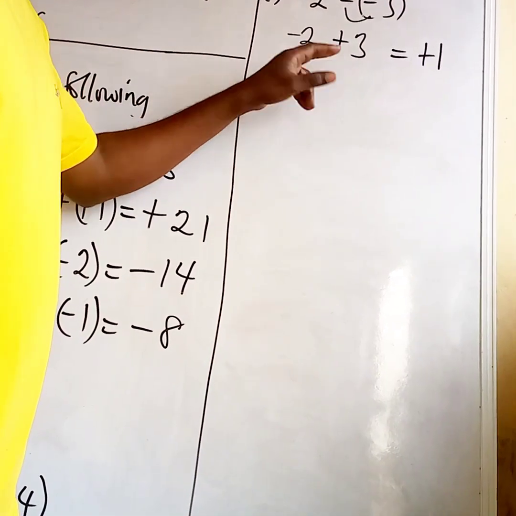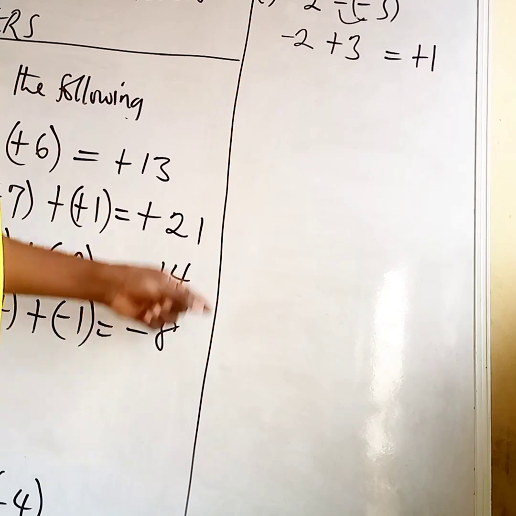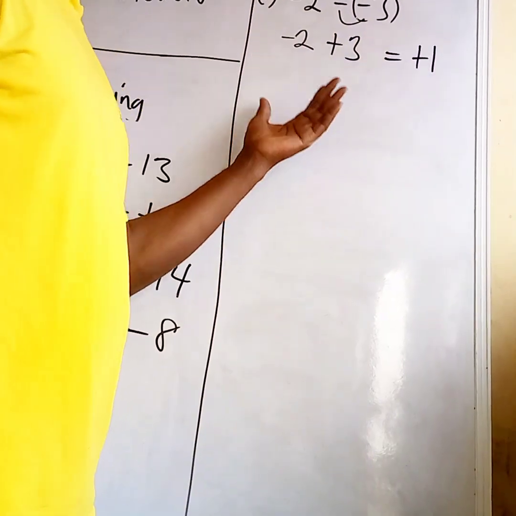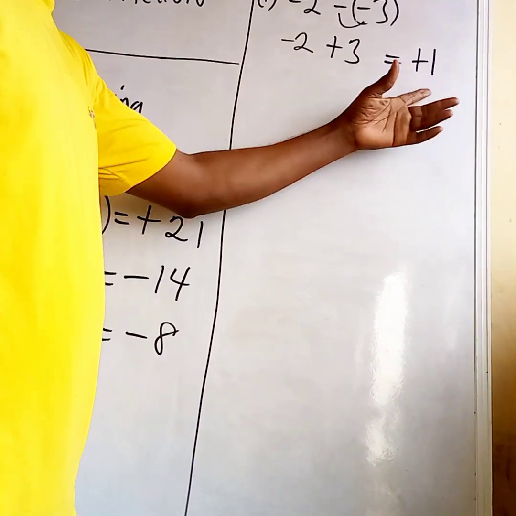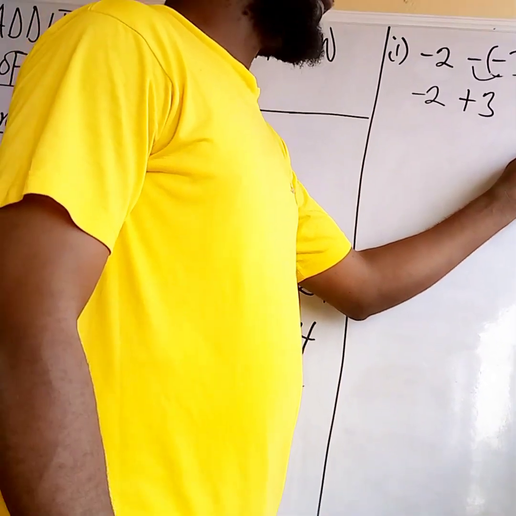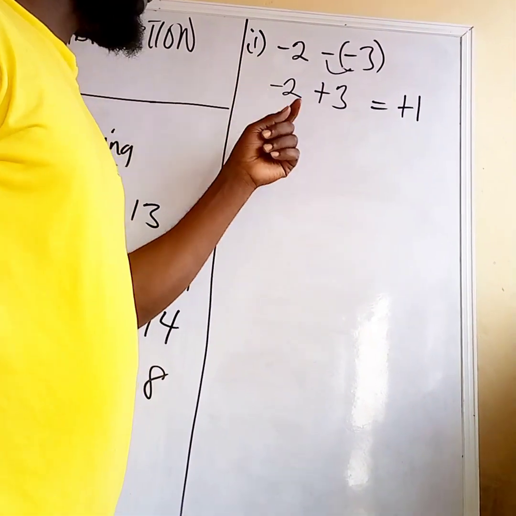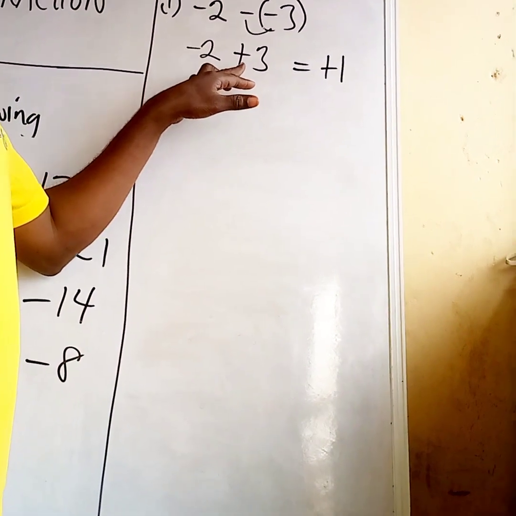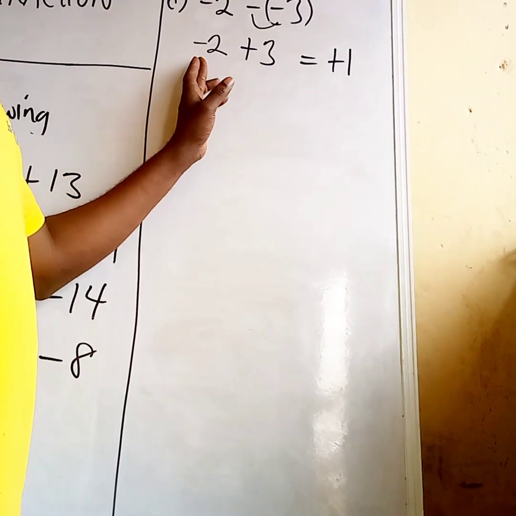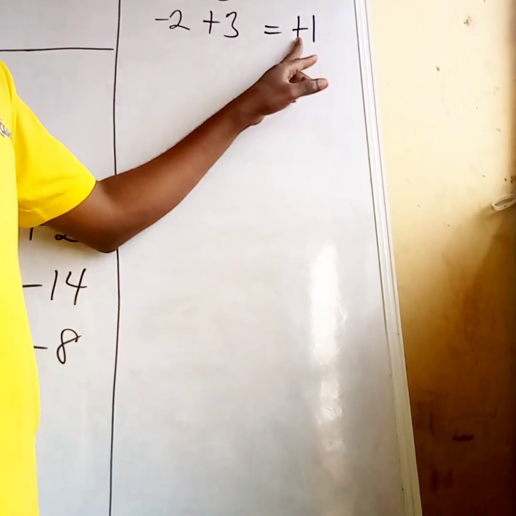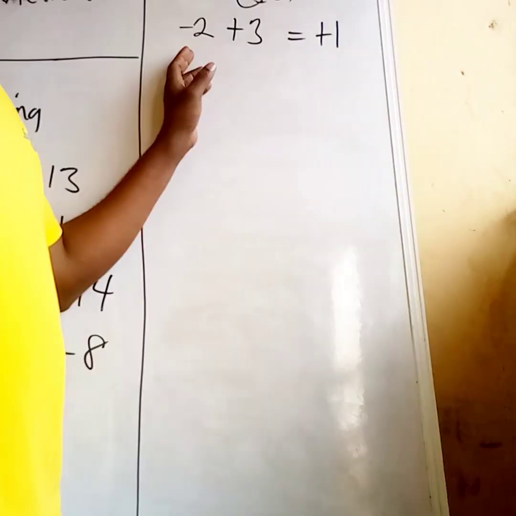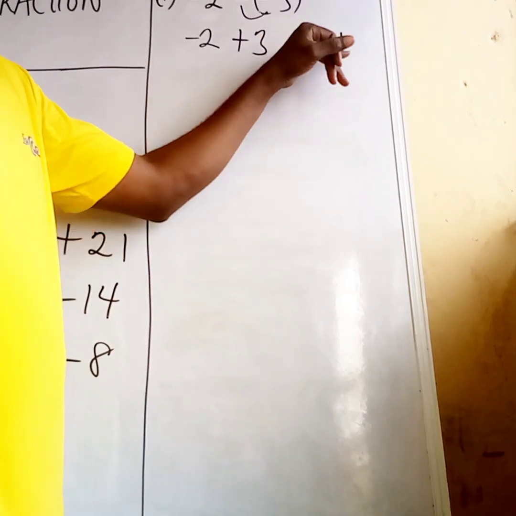Because of different signs, you are subtracting. But is it a positive answer or negative? We know the difference between 3 and 2 is 1. So will our answer be positive or negative? Because the positive number is bigger than the negative number, your answer will be positive. If the negative number is bigger than the positive, the answer will be negative.